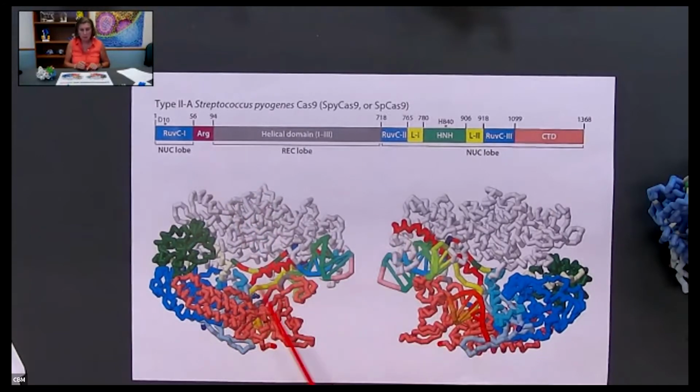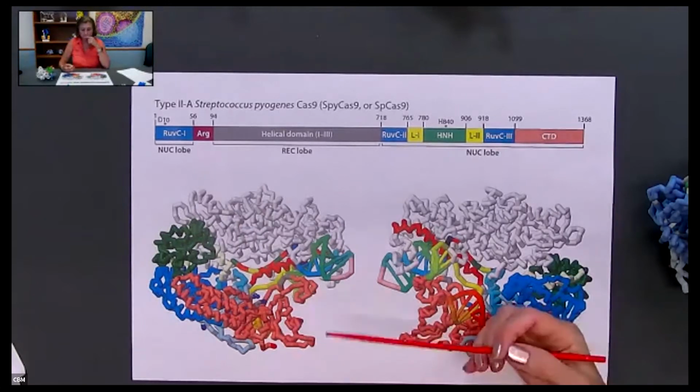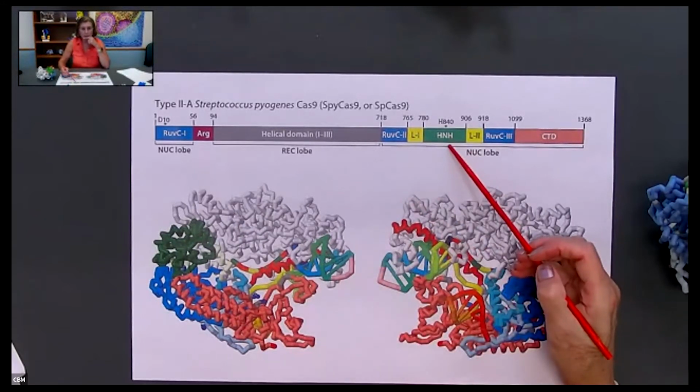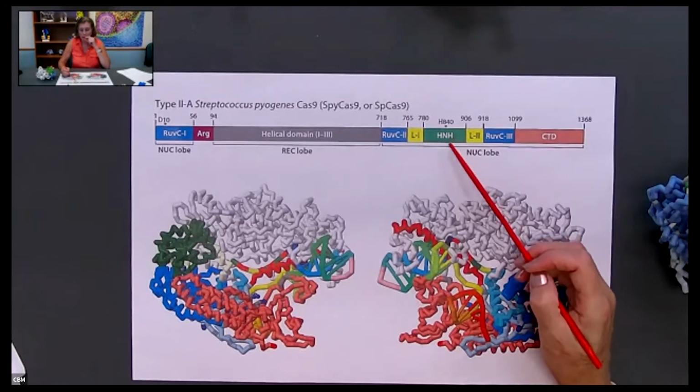And then it's got the nuclease domains. And here's that HNH that we were talking about. And for people who are asking, HNH seems to signify the fact that a histidine and an asparagine are critical components of the active site. We'll talk about that a little bit later.